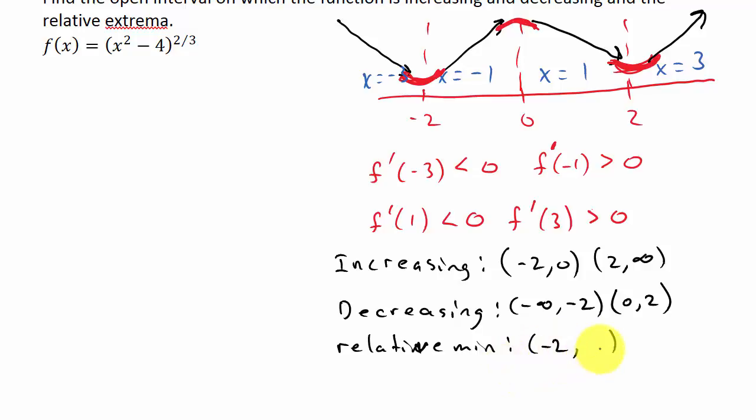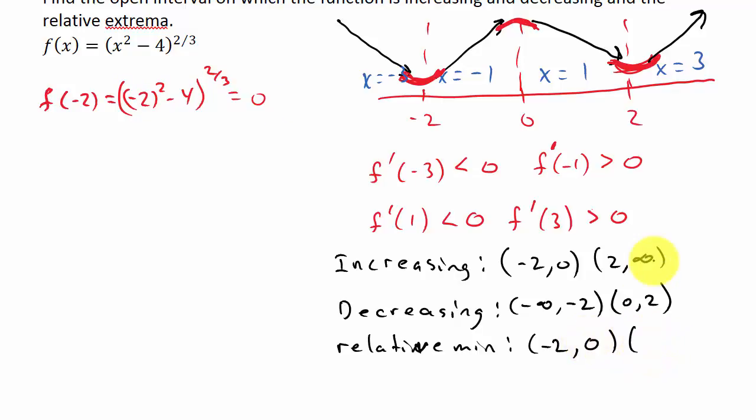Alright, so to find our y value here, we take the -2 and plug it back into the original function. So f of -2 is equal to (-2 squared minus 4) all raised to the 2/3. Okay, so 4 minus 4 is 0, so that's going to give us 0.